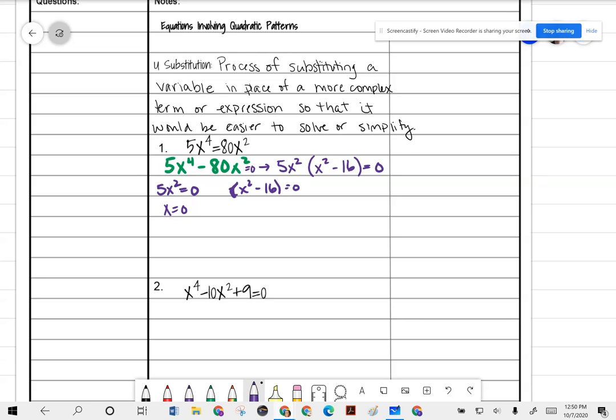But in this one, x squared minus 16, that can even be factored, it's a difference of squares, so I could factor it as x plus 4 times x minus 4. And I can set each one of these equal to 0 and solve. So I've got x is equal to negative 4, x is equal to positive 4, and x is equal to 0. So I've got 3 answers for x.